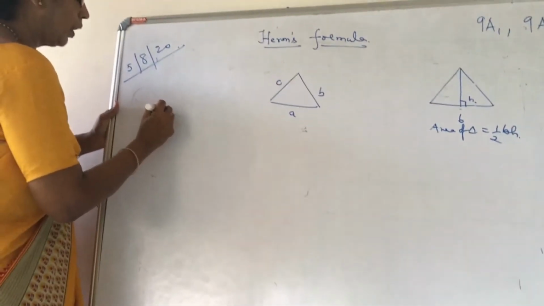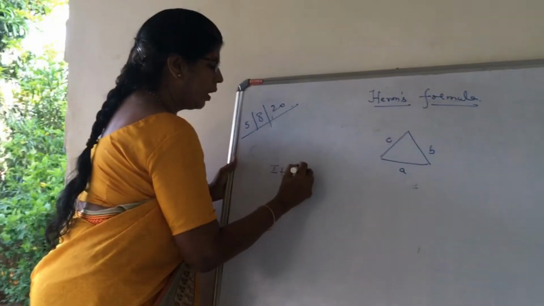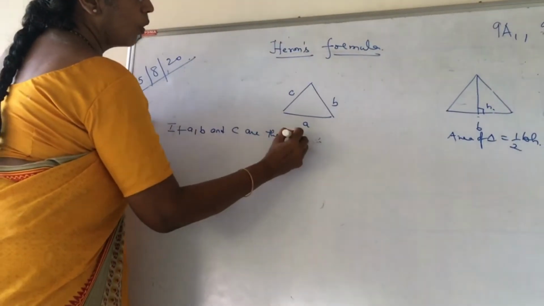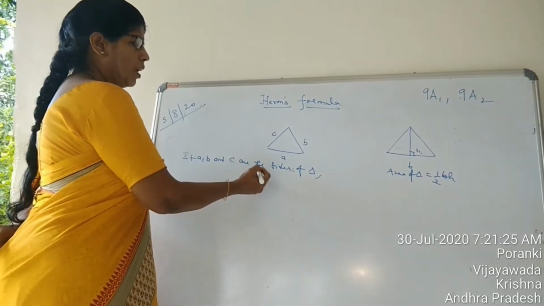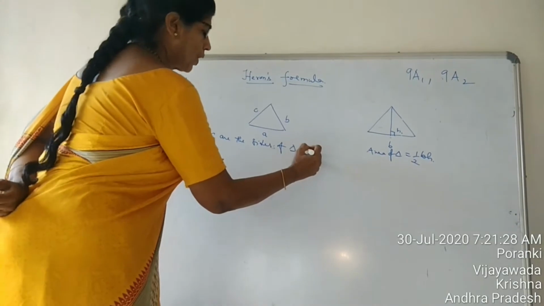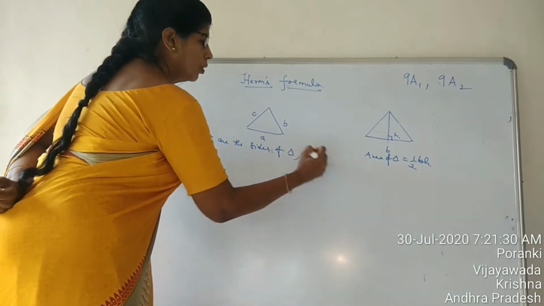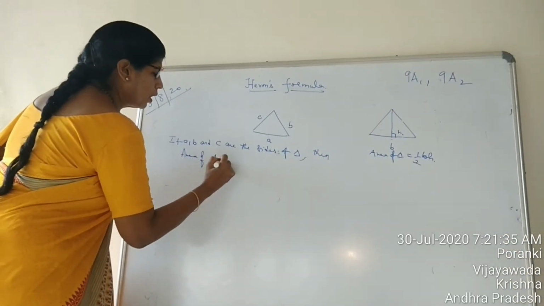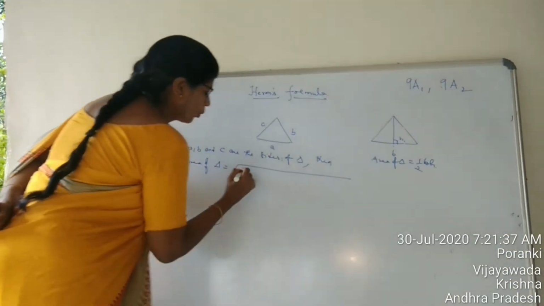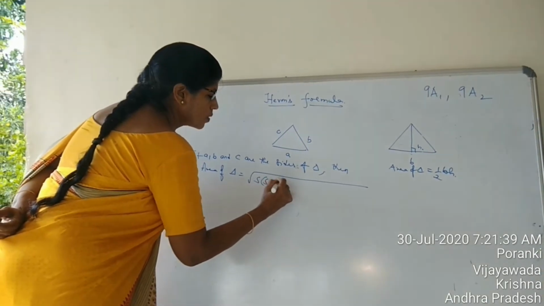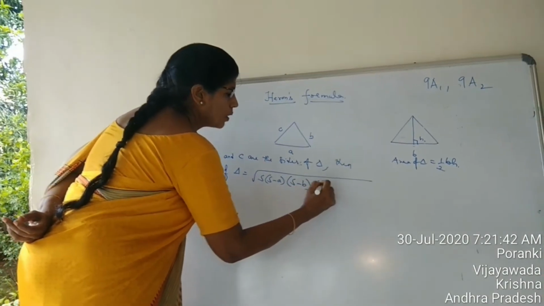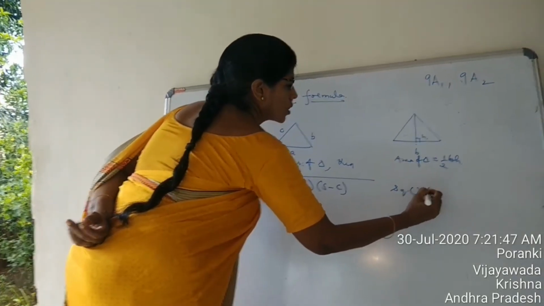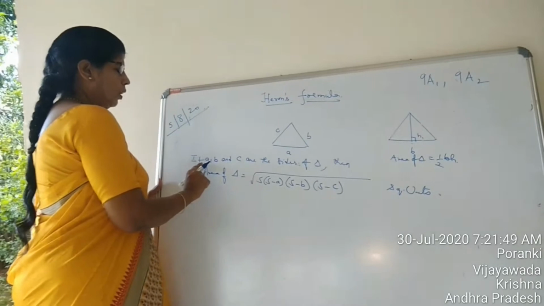If A, B and C are the sides of a triangle, then area of triangle is equal to root of S into (S minus A) into (S minus B) into (S minus C) square units.